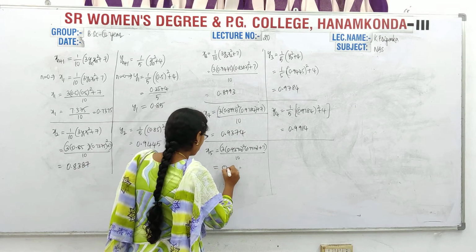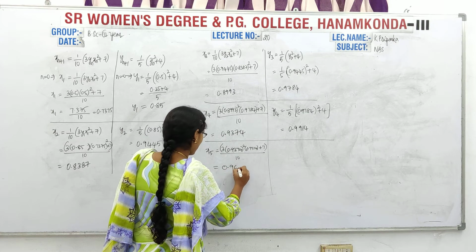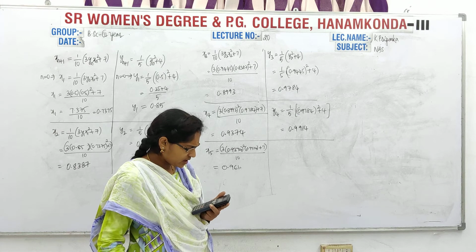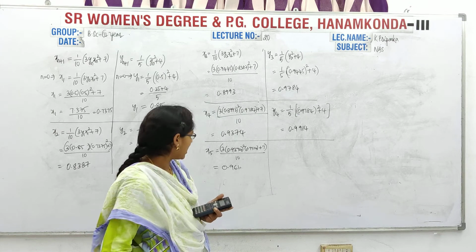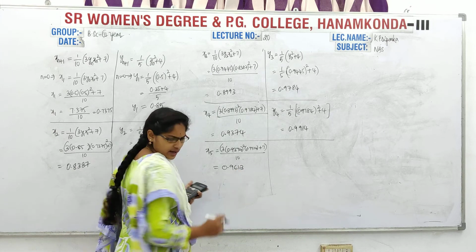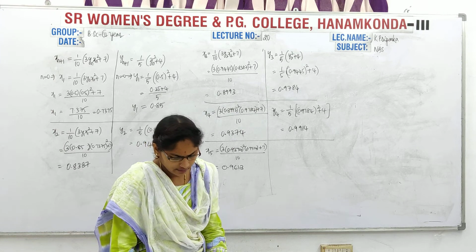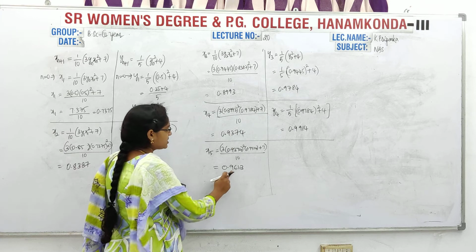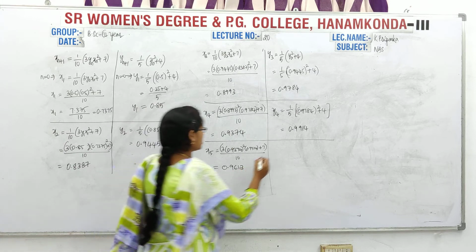Here we have 0.961348. So I am taking that 13 also. So now again here what I have? Simply I have that the value 9 is same. Again we have to go for the next iteration.